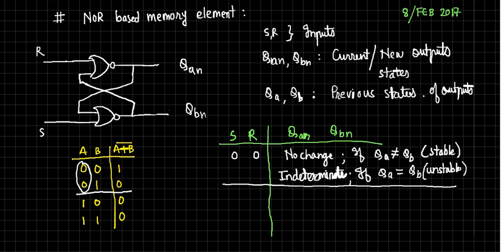Consider the case for 0 1, when S and R are 0 1. So S is 0 here, R is 1 here. Now consider the simplest case. When either of the inputs is always 1, what happens? You tell me. The output is guaranteed to be 0, no matter what the previous state is. So here it is guaranteed to be 0. Even though it may fluctuate, it will settle down to 0. The fluctuations will be such that at the end you will get the stable 0.